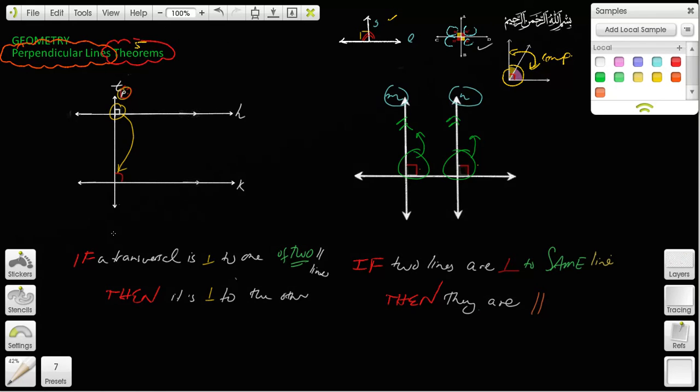This theorem says if a transversal is perpendicular to one of two parallel lines, then it is perpendicular to the other one. And this one says if two lines are perpendicular to the same line, then they are parallel. This is another way of proving two lines parallel. And this concludes the theorems in this chapter that are related to geometry.